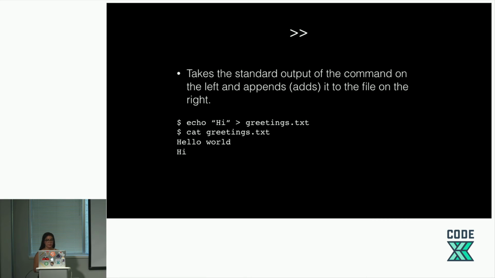If you do echo "hi" >> greetings.txt, it will add that to the bottom of that file. So rather than overwriting it, it appends to it. If you did just the single >, it would overwrite.